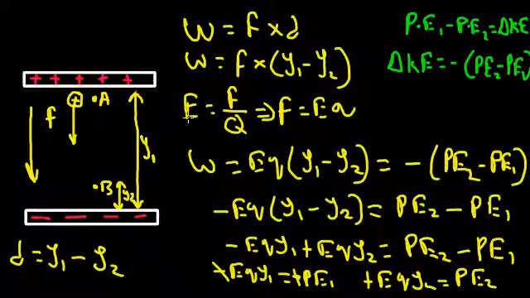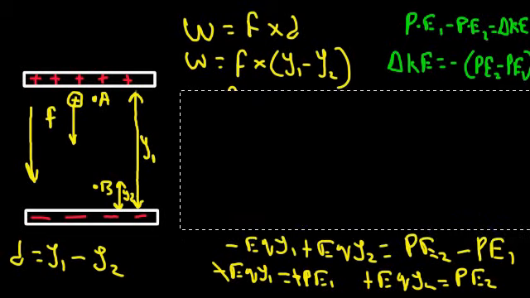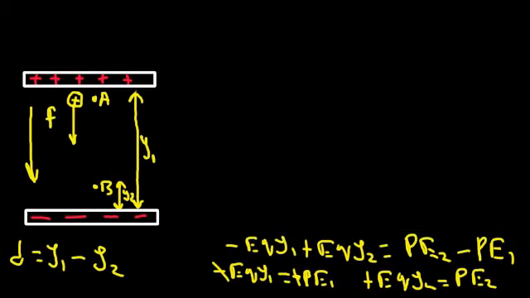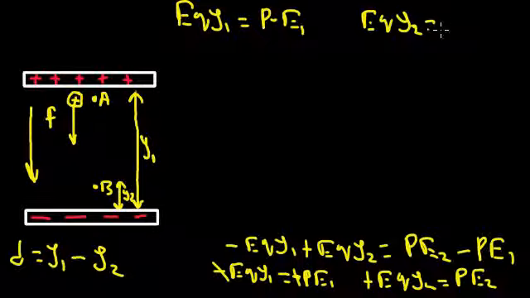So then finally, we have EQ y1 equals PE1, and then EQ y2 equals PE2.